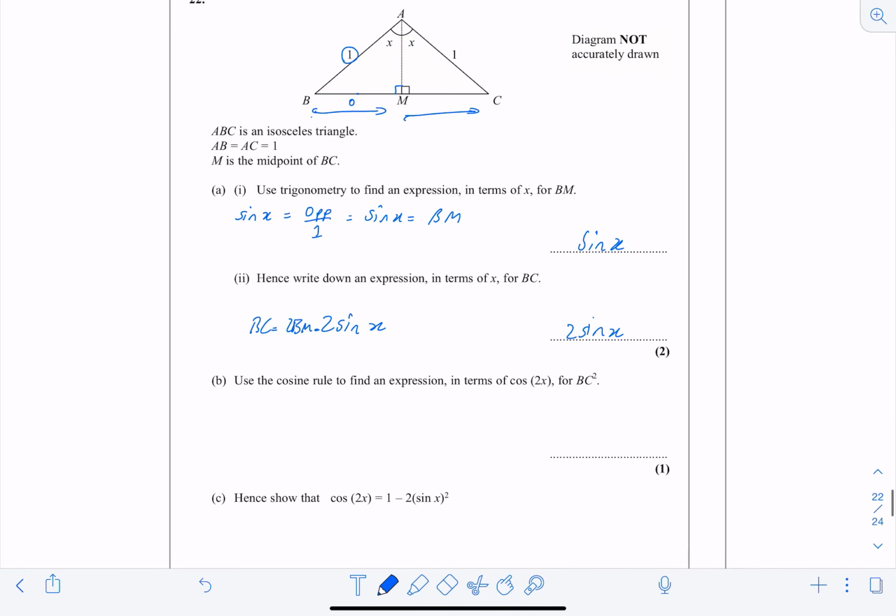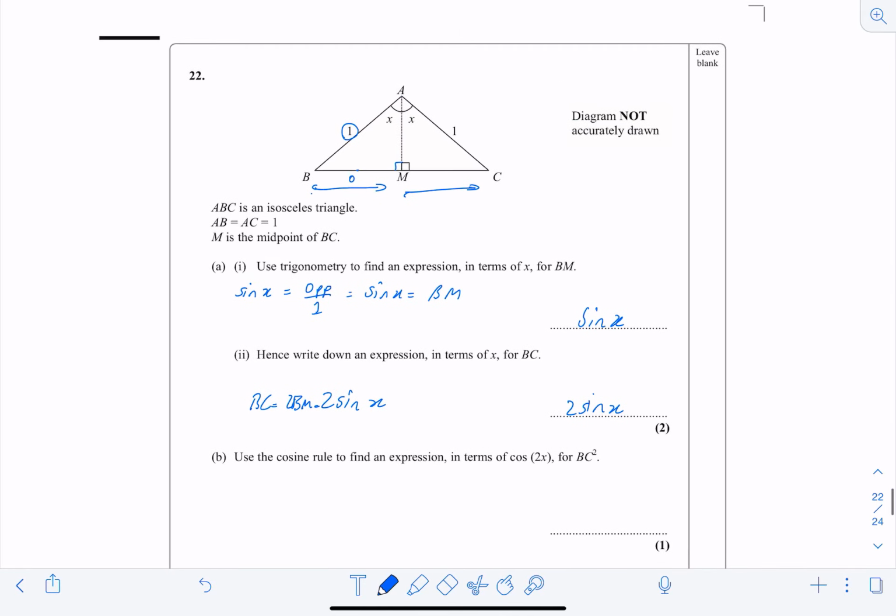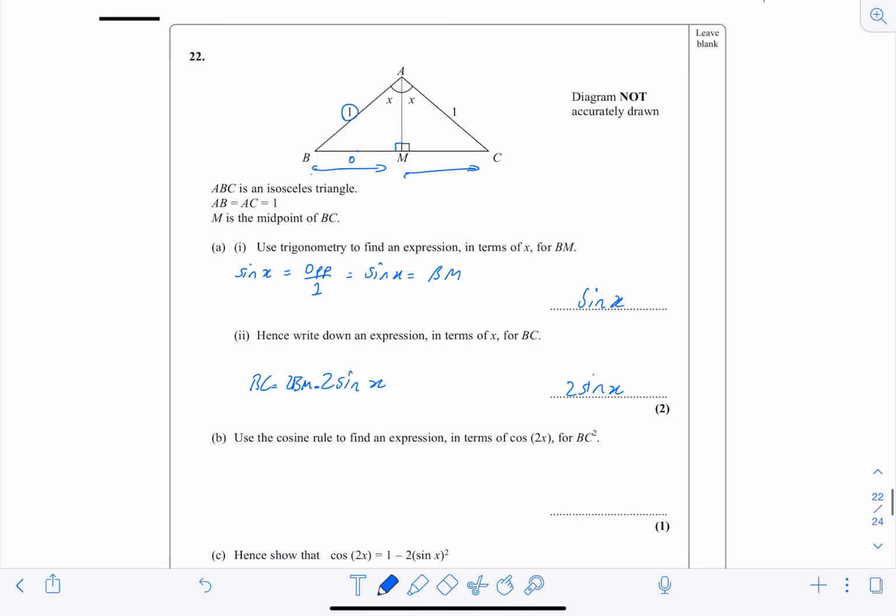Use the cosine rule to find an expression in terms of cosine of 2x for BC squared. Okay, so that's that thing there. So the cosine rule is a squared equals b squared plus c squared minus 2bc cosine of A, where this is in the front of the paper in the formula booklet, where you've got any triangle and you've got a over here, the one opposite, and then you've got a b and a c.